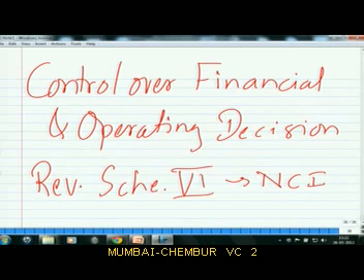Now this was one of the major gaps between Ind AS and AS and IFRS interpretations. But now that the revised schedule has accepted it, I am able to make a bold statement that IFRS is equal to revised Schedule 6 plus AS 30, 31, 32, barring some minor things.